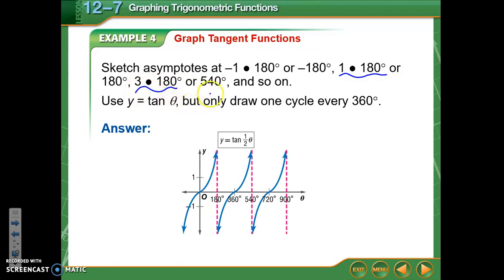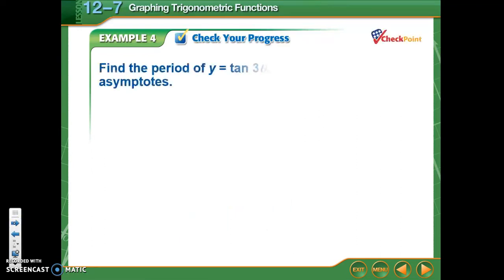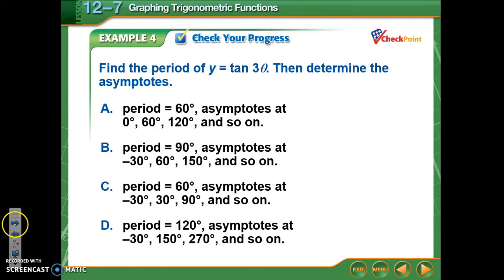Remember, it's odd multiples. And so on. At 900, that's 5 times 180 degrees. So I draw those in. And notice that now they're 360 degrees apart because of that 1/2. That was a horizontal stretch. So I draw in my tangent graph every 360 degrees using the asymptotes as my guide. All right, you guys try graphing this one.